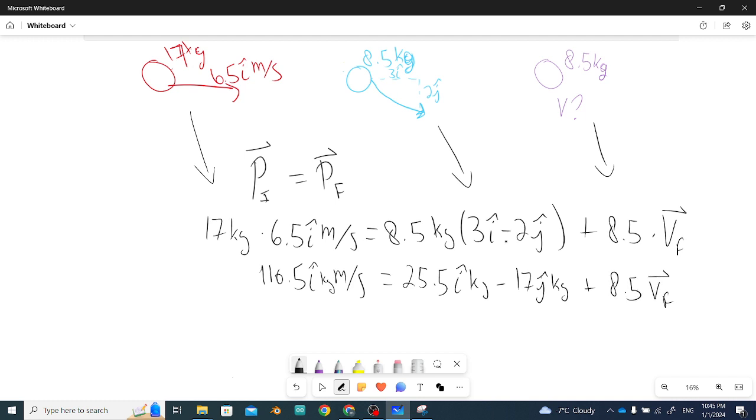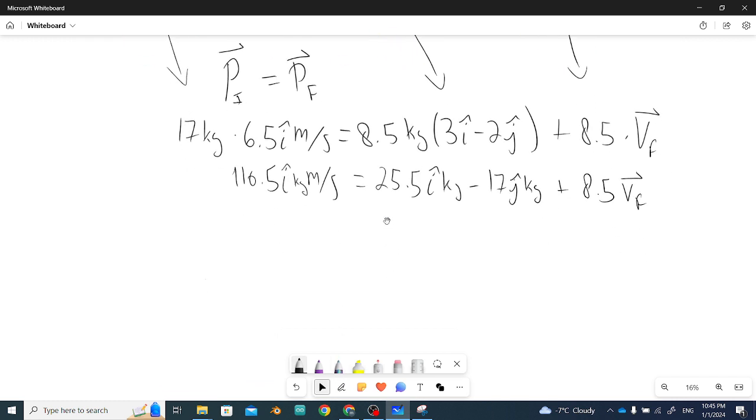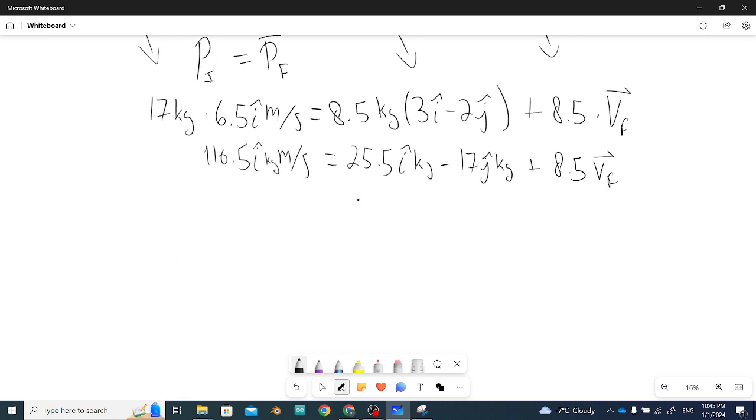All right. So now let's bring all of those to the other side. The i's we can add and subtract with the i's. So this one has an i, this one has an i. That would be 110.5 minus 25.5, which is 85 i kilogram meters per second.